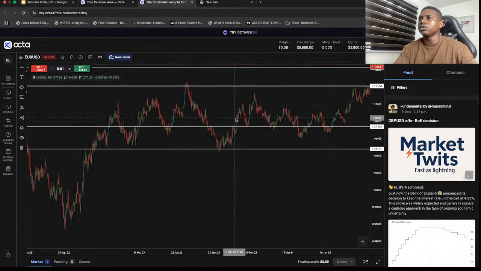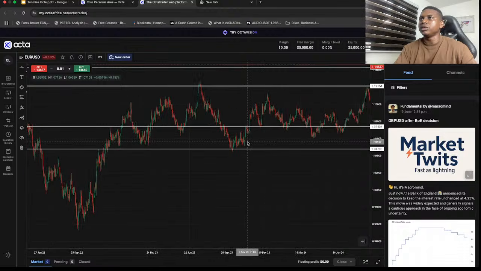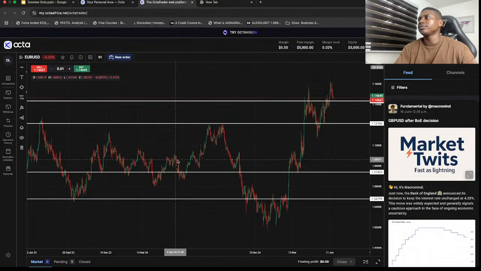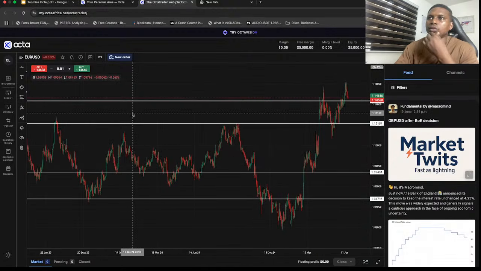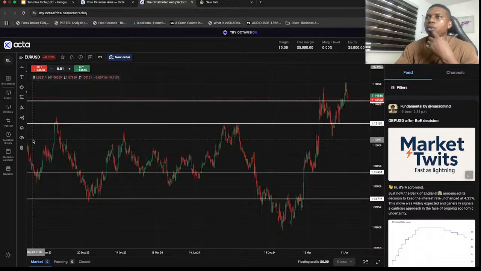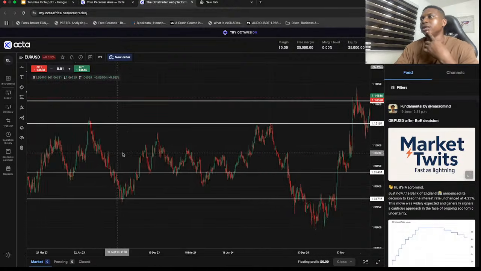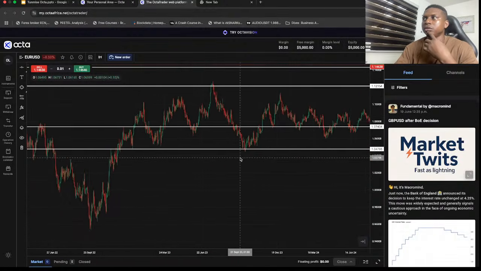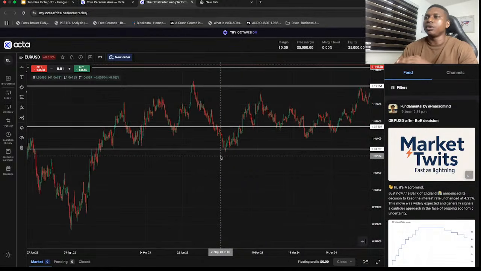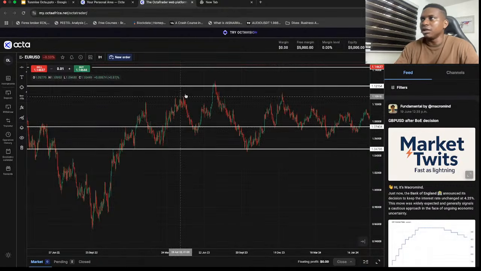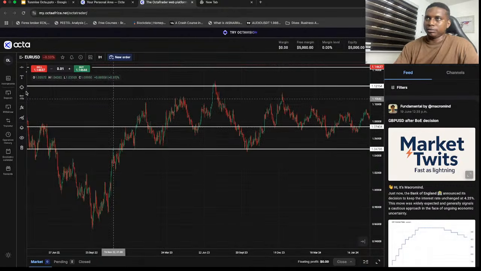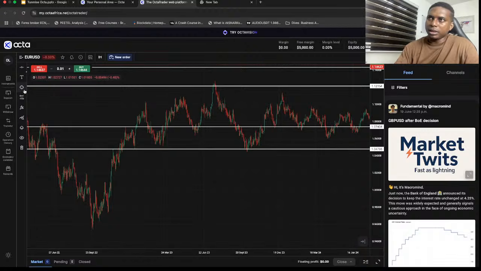Now it's interesting that we need to know how price has been moving previously, before this current market. So let's start observing price from this level. Now let me check if I can get a marker.